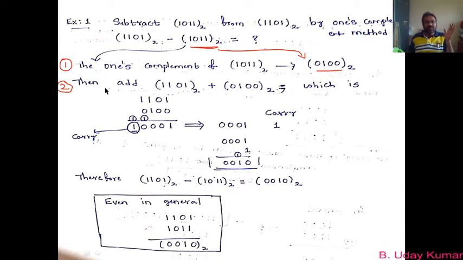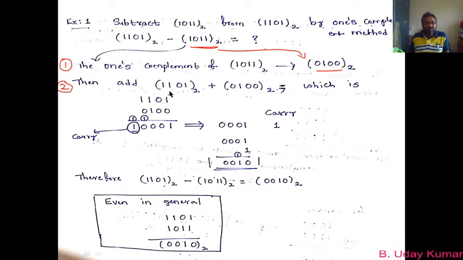In our second step, actually you are subtracting 1011 from 1101, right? So now you have to add the 1's complement of 1011 to 1101. That is written over here in our second step.